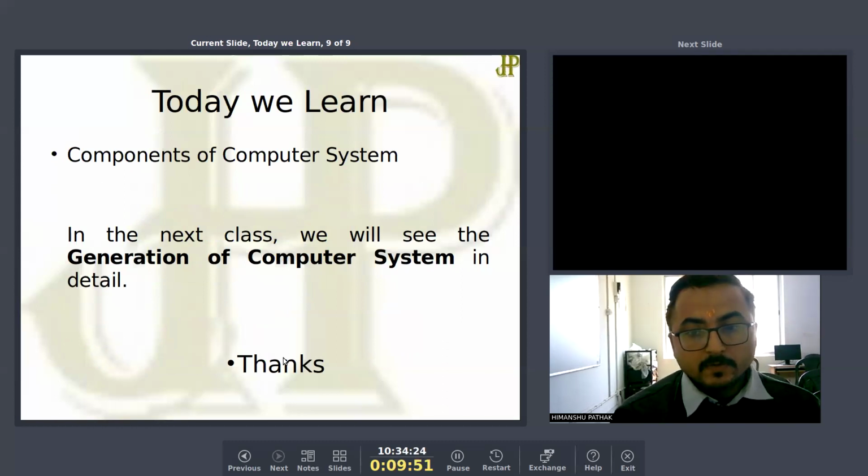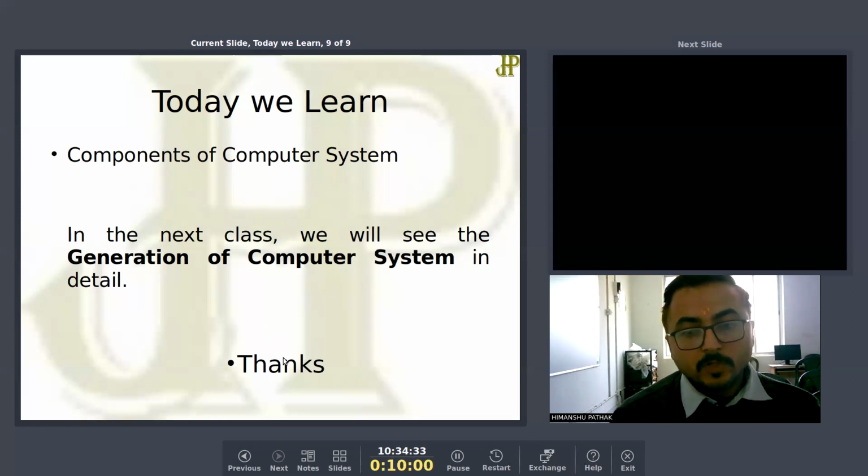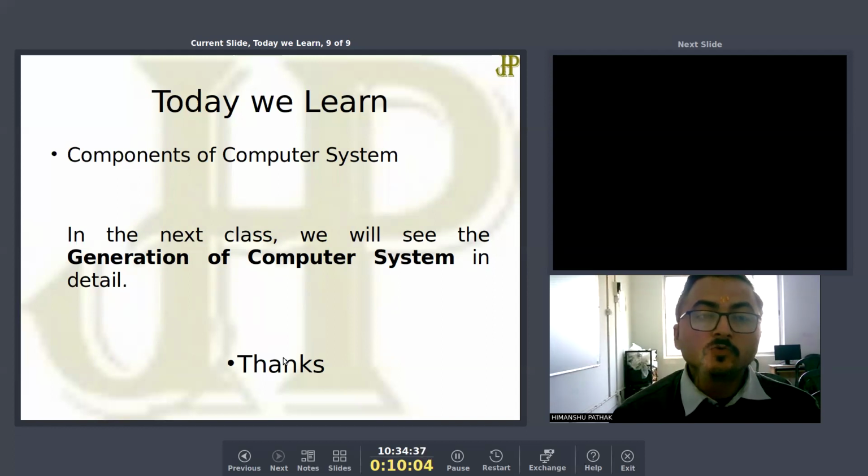Today we covered four basic components of computer. First one is input unit. Second one is output unit. Third one is CPU, in which again there are two subsections. First one is for controlling the devices. Second one is processing the data. And the last one, we saw that there are two types of storage.